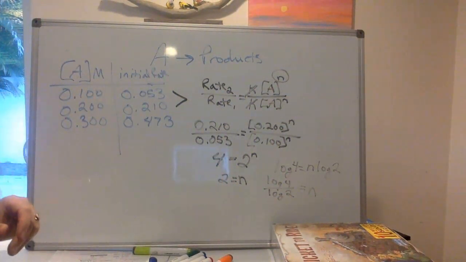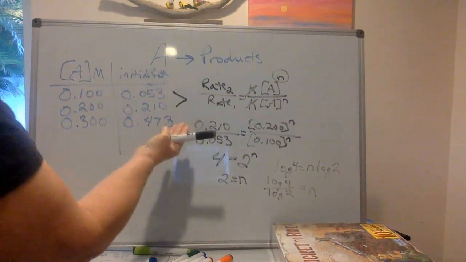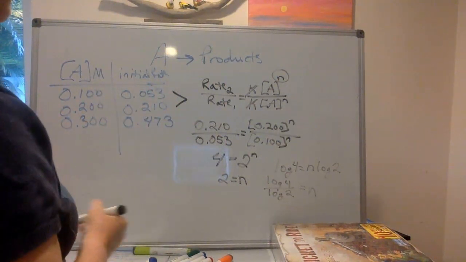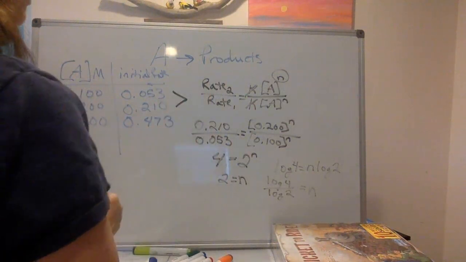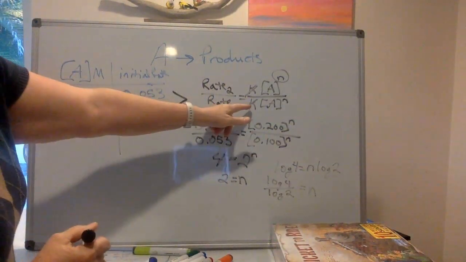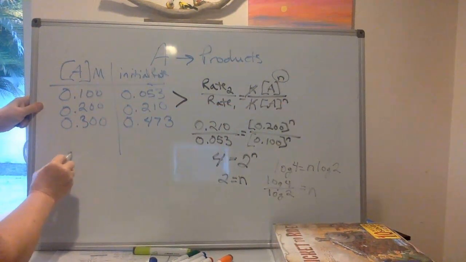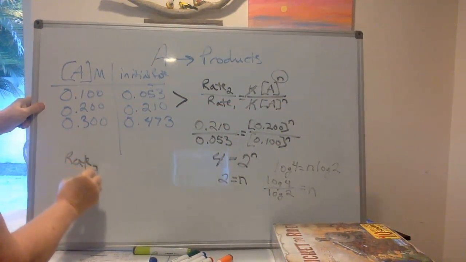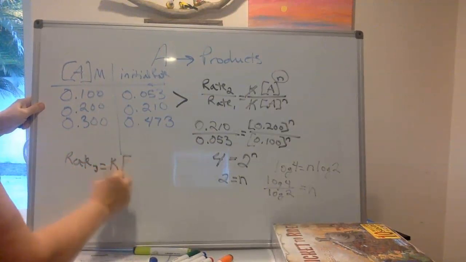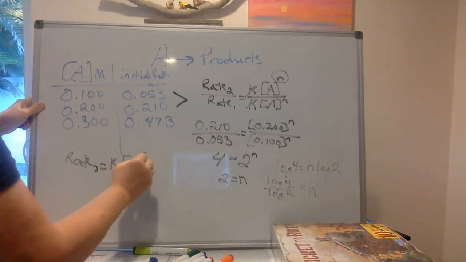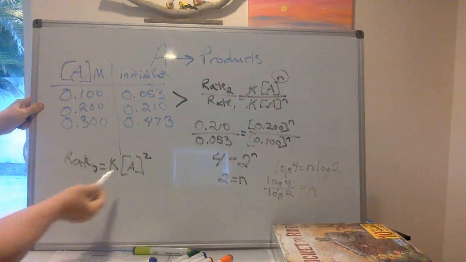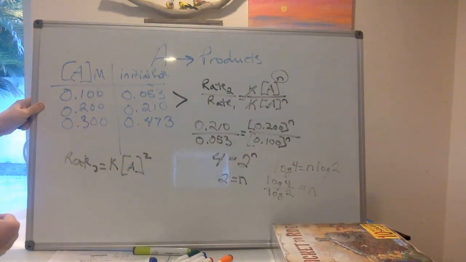So that is it if you have only one reactant and you're basing the rate law on that. Now we're going to put it back into the third one in order to calculate K. In the third one, we see again rate 3 equals K[A] to the second, because we just calculated that n is 2.